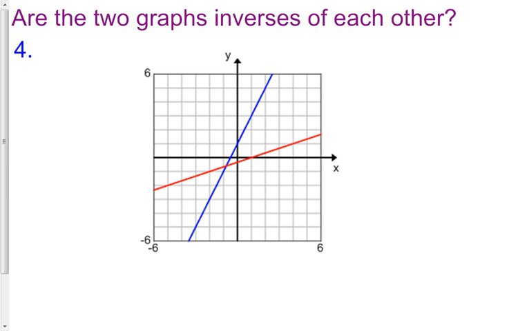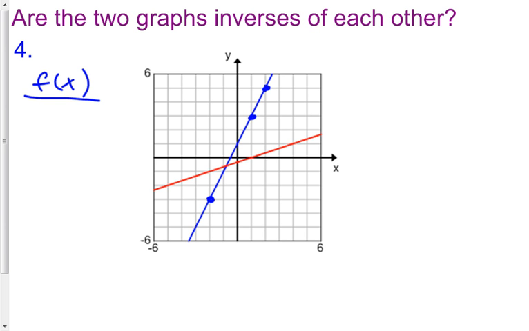So let's try this one. Are the 2 graphs inverses of each other? Let's first do the blue one. Let's call it f of x. Let's name some points that it goes through. We'll pick this one. We'll pick this one. And we'll pick this one. We'll spread it out a little bit.